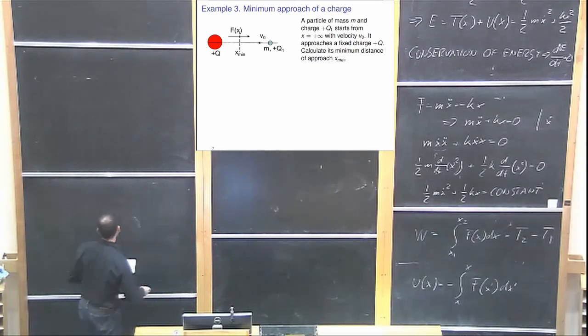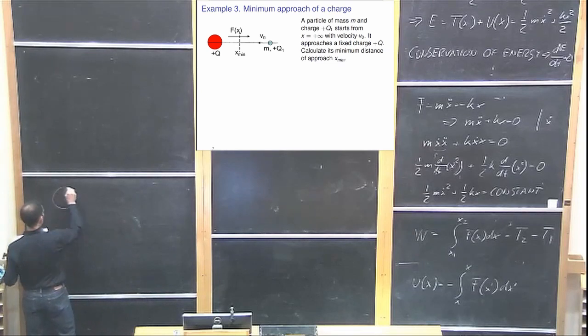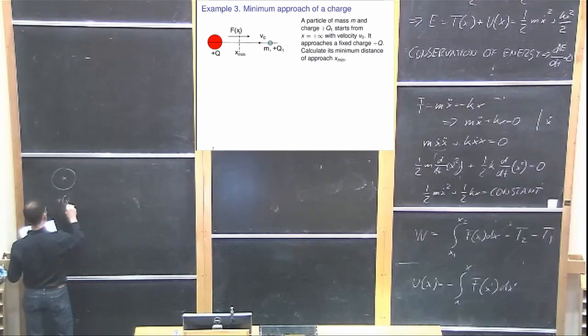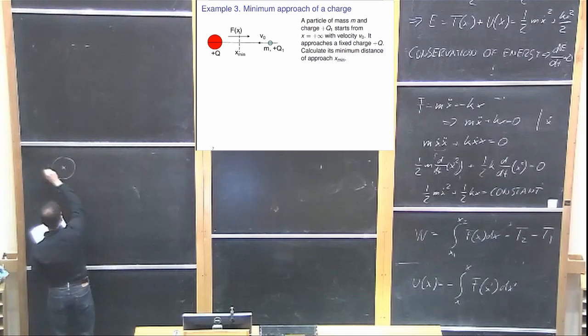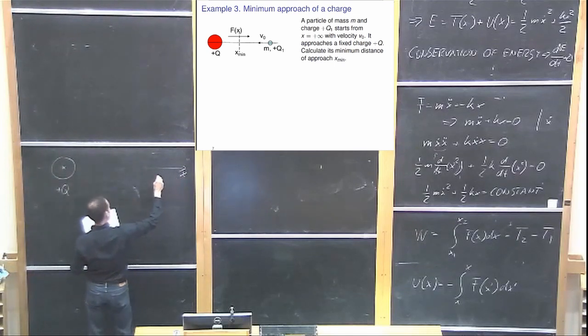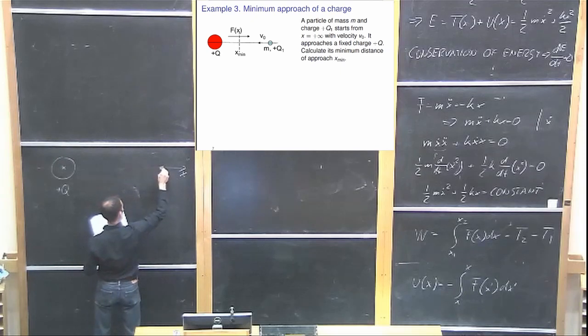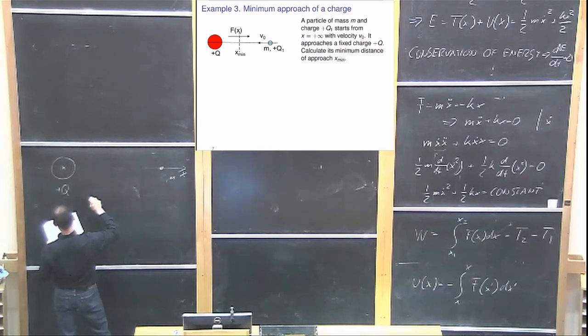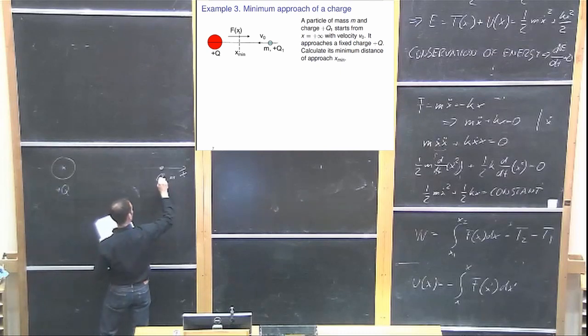Now we have one charge fixed at a position, and it has charge large Q. We've got the x-axis, and we've got a smaller charge with small q and mass m. Let's just call that q1.